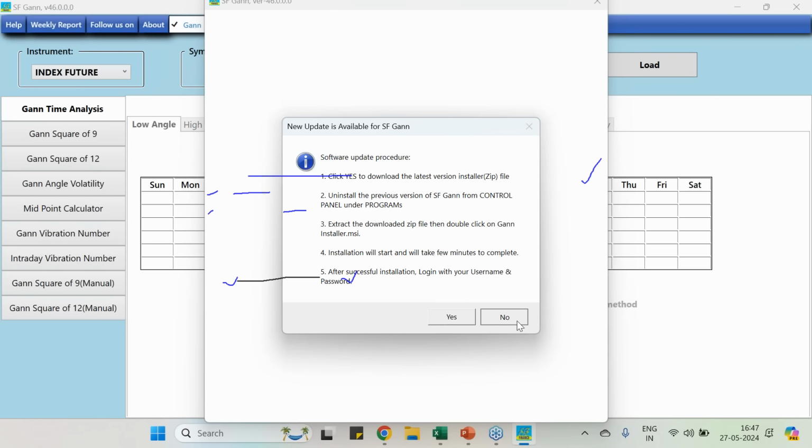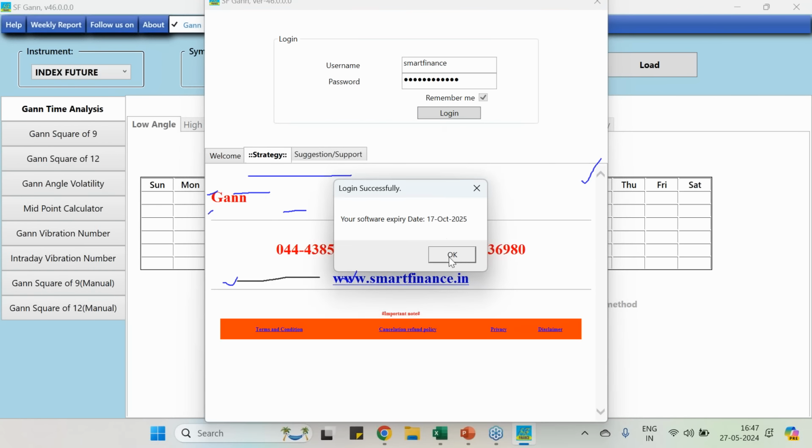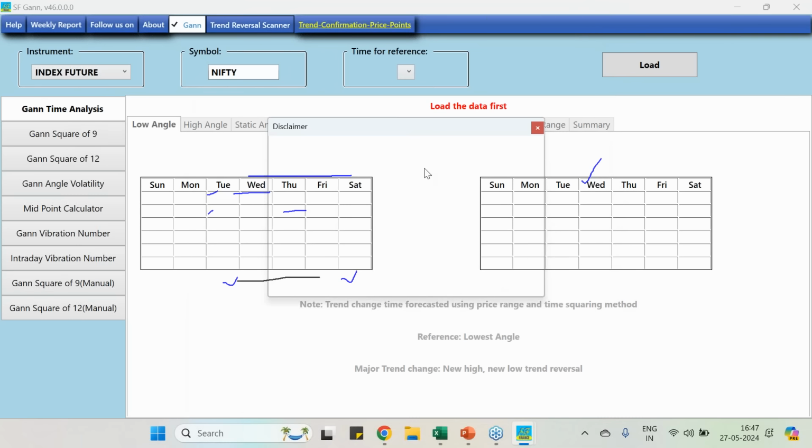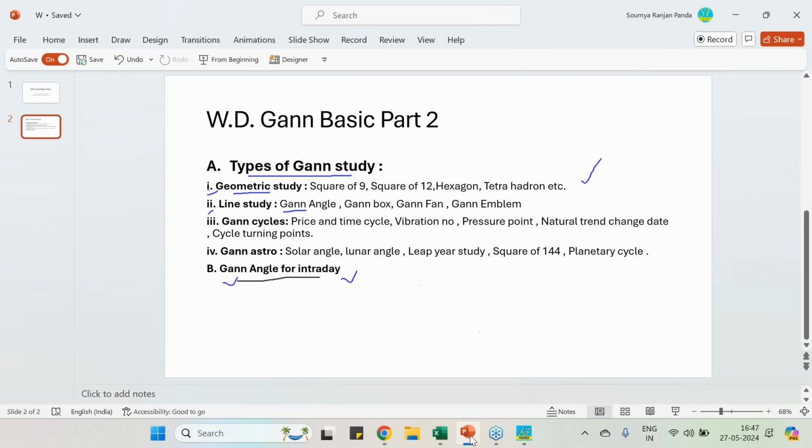Here we are looking at Gann time analysis: the Gann angle study, high angle, low angle. Square of 9 also you can use for the time study. So price analysis and time analysis both can be done.